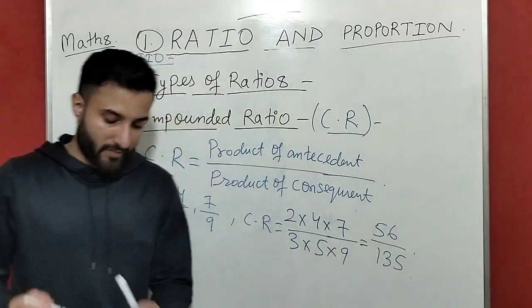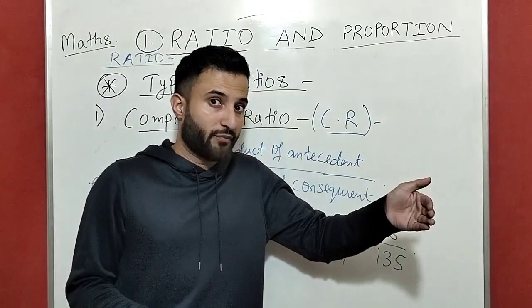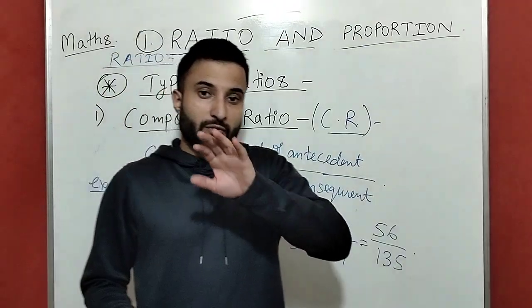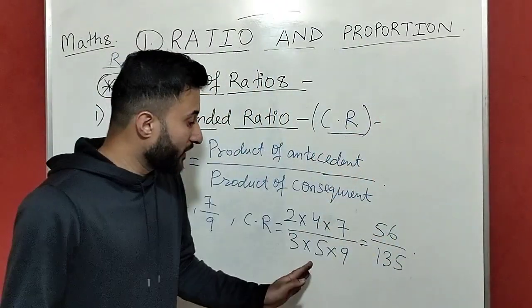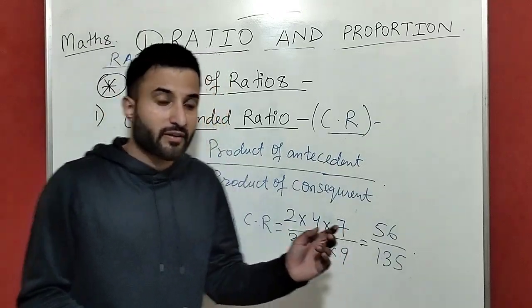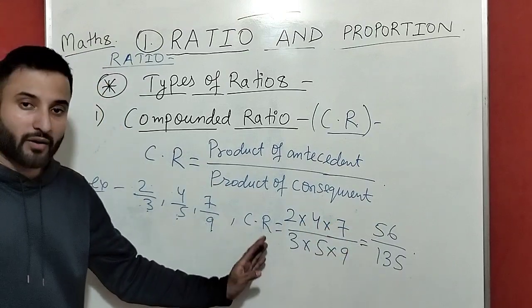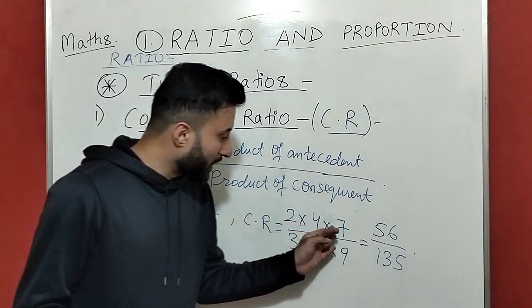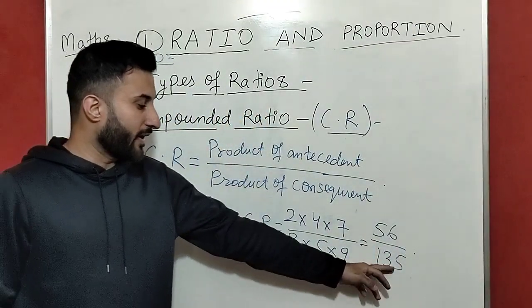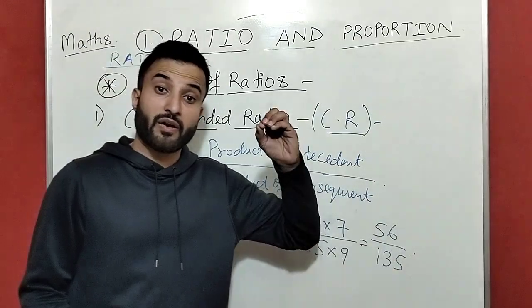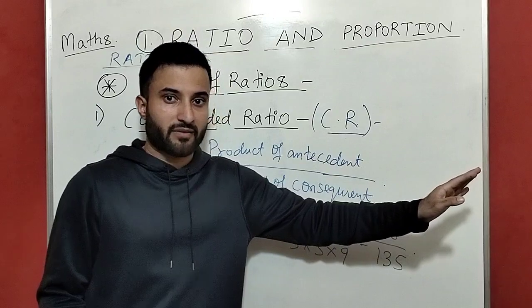56 by 135. Guys, see here, as I have told you, we have to write the ratio in simplified form. Keep in your mind, whenever you get a question like this, don't multiply fully and then simplify, as it will take a long time and you don't have time in the examination.